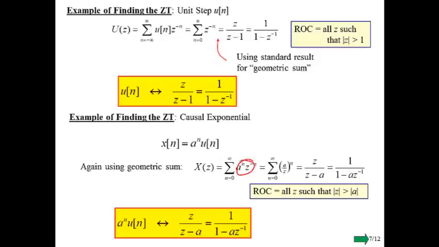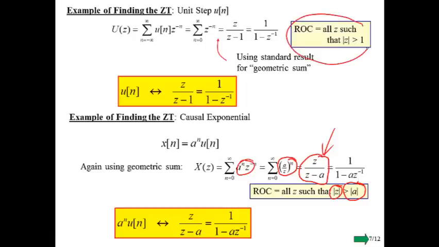So we plug that in here, do a little bit of combinations of exponentials, and again apply our geometric sum, and we find that under certain conditions the geometric sum formula will hold and give us z over z minus a, and that those certain conditions are all z such that the magnitude of z is greater than the absolute value of a.